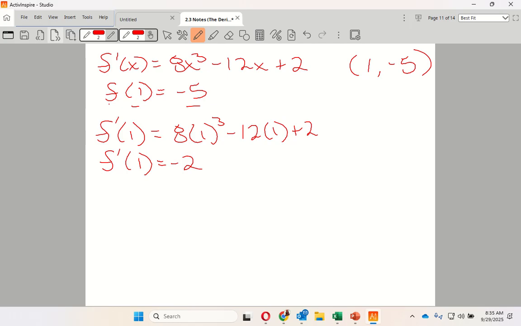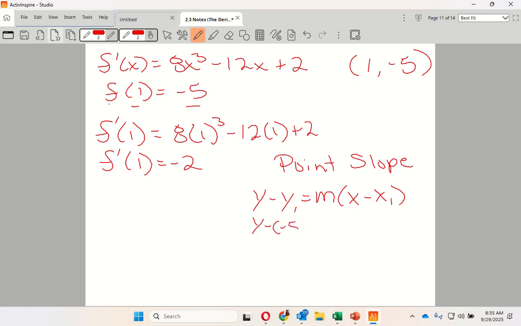Now, we plug this into point slope, which is going to be y minus y1 equals m quantity x minus x1. That's my x and y that I have up there. M is my slope. Y minus negative 5 equals negative 2 quantity x minus 1.